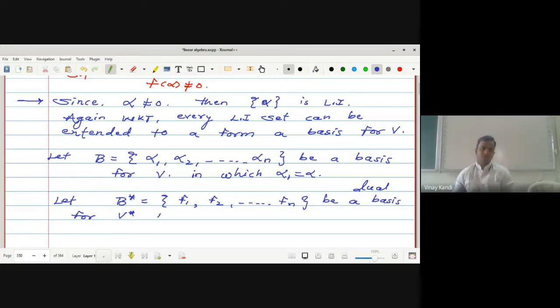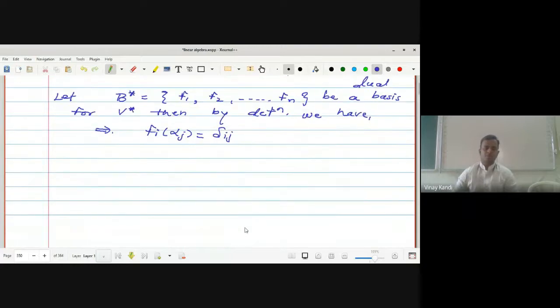Then by the definition of dual basis, what do we have? It implies that fi of alpha j is equal to delta ij. This is the definition of dual basis for V star, where it is equal to 0 when i is not equal to j and equal to 1 when i is equal to j.